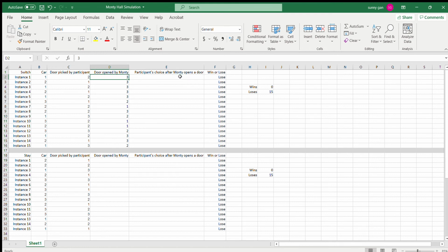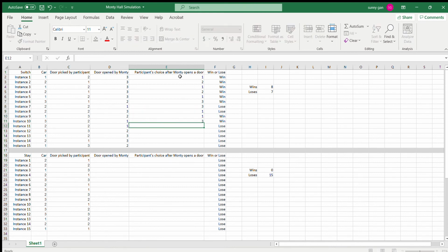So if they pick door number 2 first and Monty opens door number 3, they will switch to door number 1, and so on for the rest.